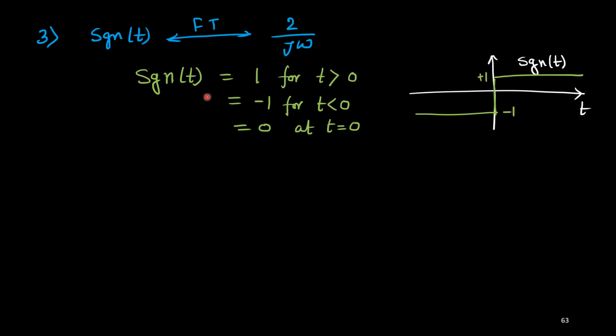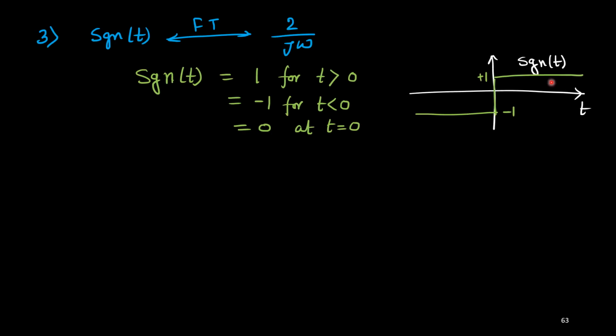Now we want to find the Fourier transform of the signum function, signum t. It is defined as plus 1 for t more than 0 and minus 1 for t less than 0. At t equal to 0, to avoid discontinuity, we may consider it 0.